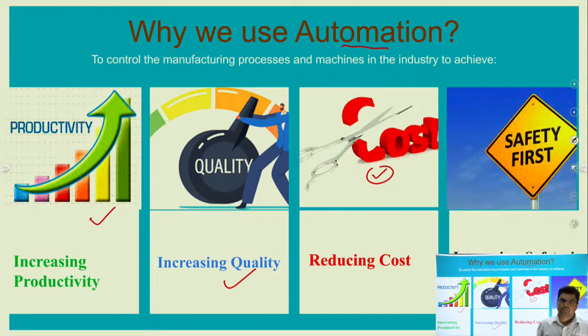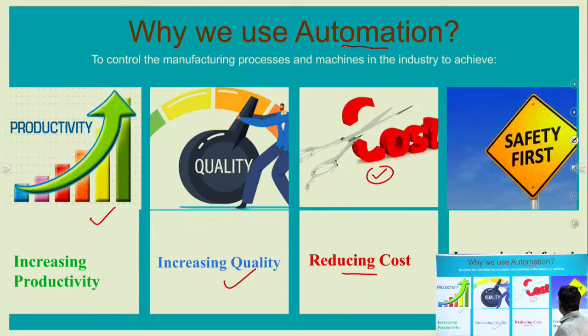But if we use the automation system, we reduce the cost of the product. Even if a product costs a small amount, say 10 rupees, if we do multiple productions, then the overall cost will be reduced by using the automation system.